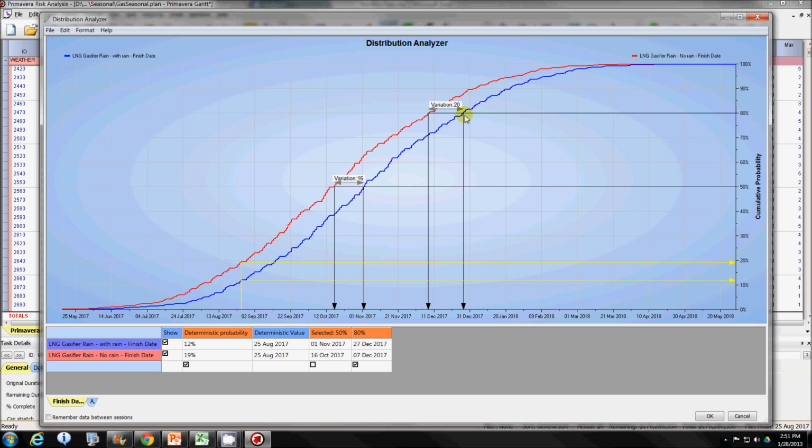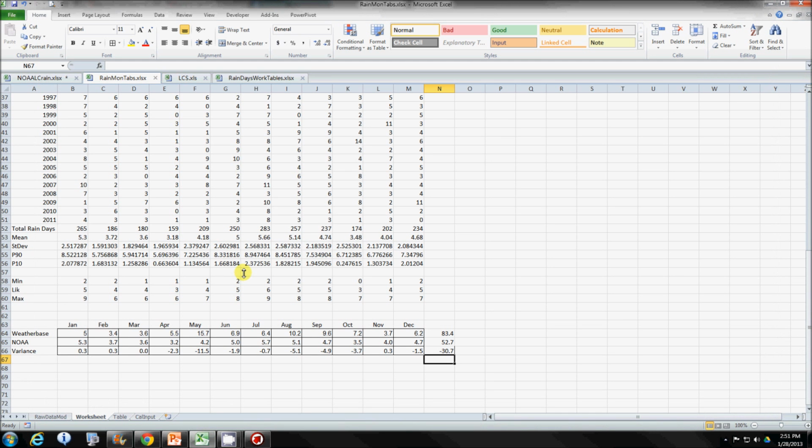It should be noted that with the weather-based data, our variation was 35. But I think there are some problems with the weather-based data, and maybe this calls into question what we use as our data. If you notice, here's a summary of the NOAA-derived data, and it looks like instead of the plus or minus 2, plus or minus 3 might have been a better approximation of what's going on here.